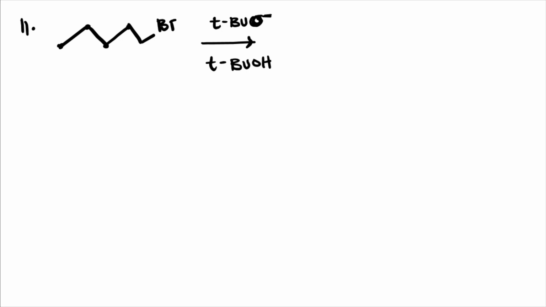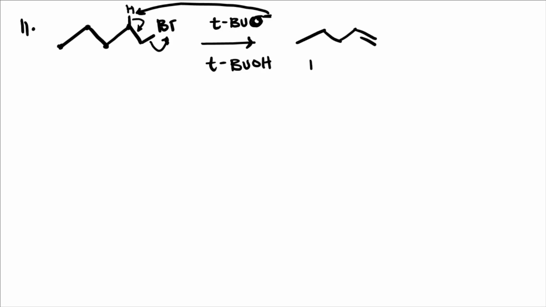So this bulky base will react mainly by an E2 reaction. This tert-butoxide will come and get this acidic hydrogen. This will collapse here and the leaving group is going to go. So what you form is 1-pentene.